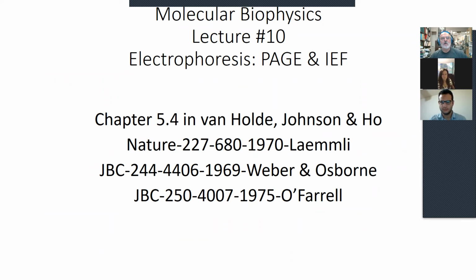We'll actually start talking about other stuff in chapter 5 next week. And then I'm going to briefly discuss this 69 Weber and Osborne paper, the 70 Laemmli paper, and the 75 2D gel of O'Farrell paper.